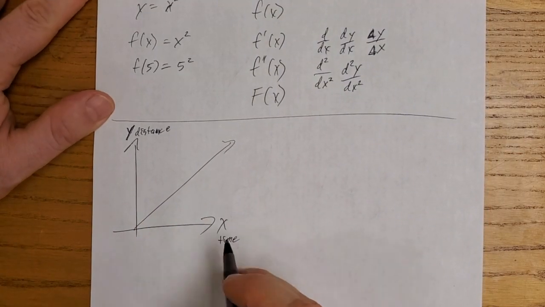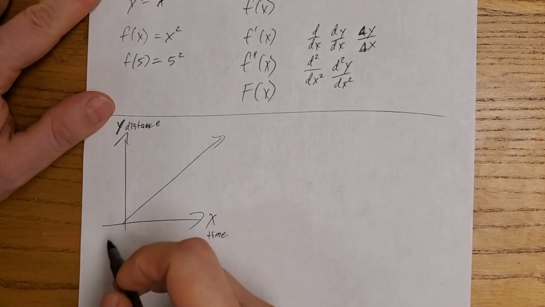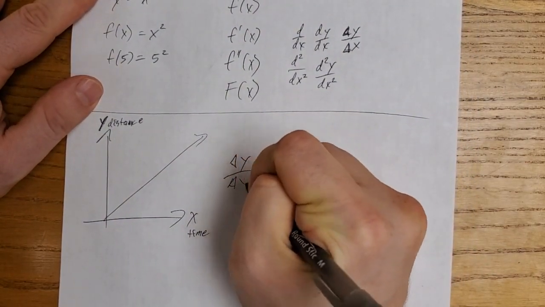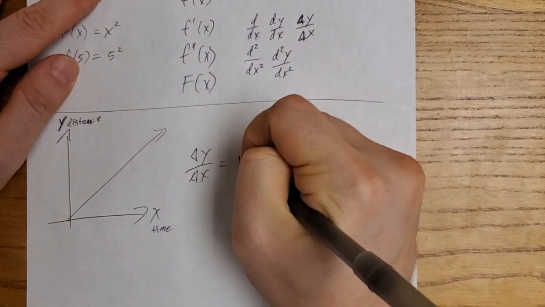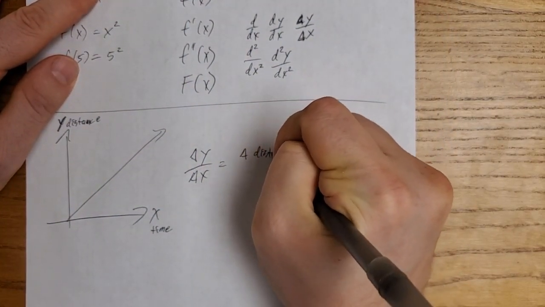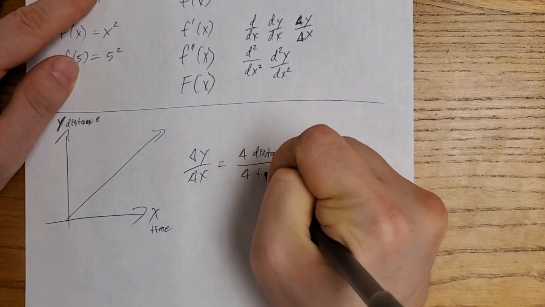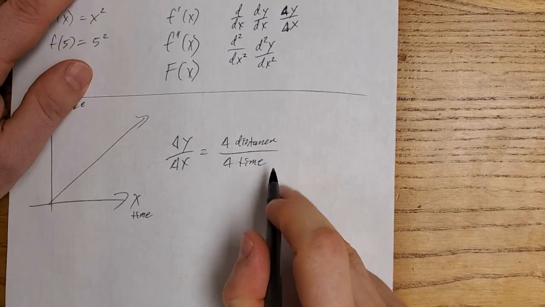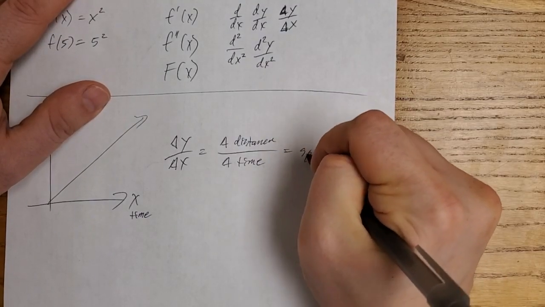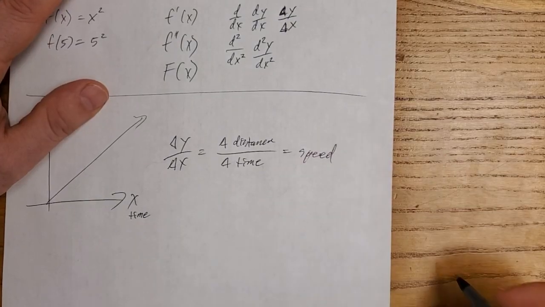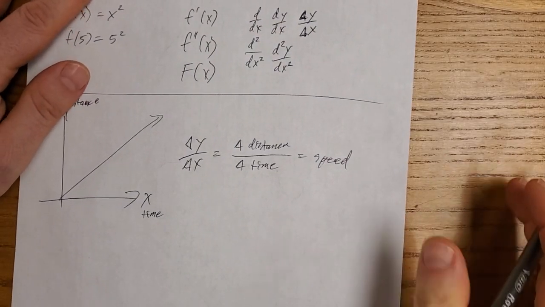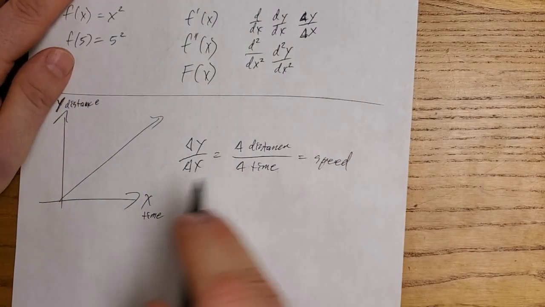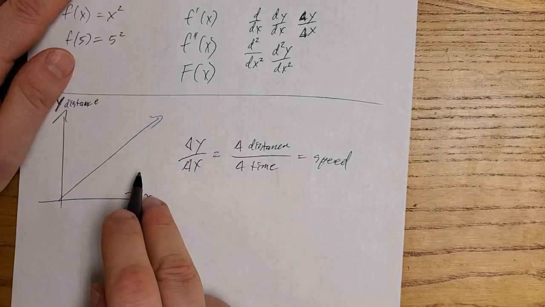And we can do the same things with this. We think about the slope, where the slope is normally the delta y over delta x, but because y is distance and x is time, what is the change in distance per change in time? Well, we think of that as just the speed of something, or the velocity. So the first derivative, or the slope, is actually the speed. How fast are you getting further away, right?